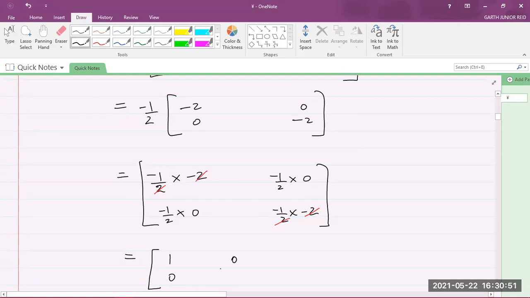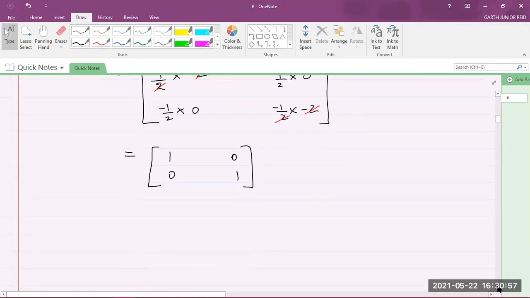And negative 1 times negative 1 is a positive 1. So that is 1, 0, 0, 1, which is what we wanted, and that is the matrix I. So A inverse multiplied by A is equal to I, and that is what we wanted to show. So we can now come down here and write shown.